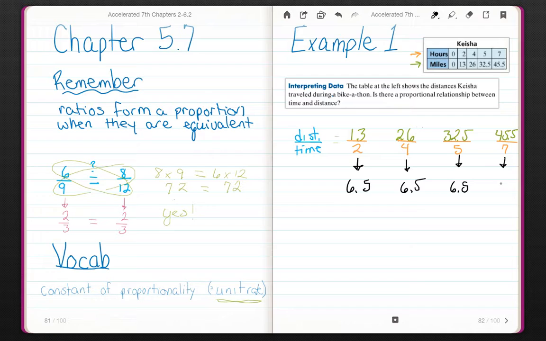And 45.5 divided by 7, also 6.5. So since all of these reduce to the same number, then yes, there is a proportional relationship.